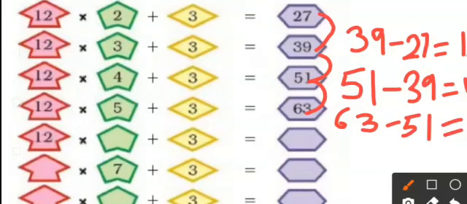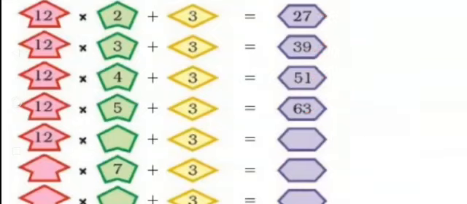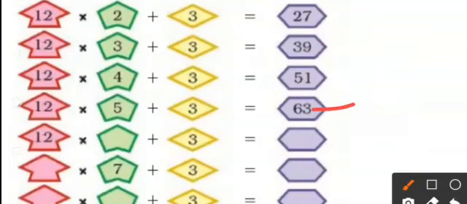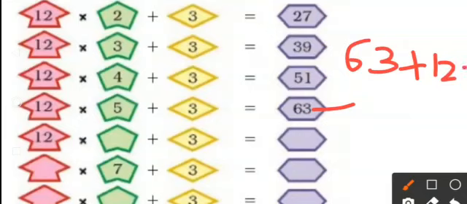Now in the same way we can complete this pattern. In the last step, to 63 we will add 12. So the answer is 75.